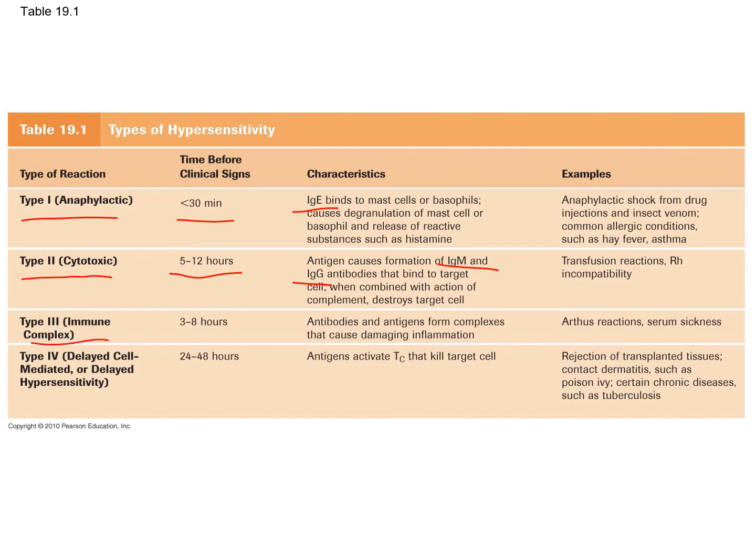Type 3 also occurs in a matter of hours, and this involves antibodies, usually IgG. And type 4 is a different one. It's much longer. It's on the order of days, and it involves CTLs that are killing target cells. And of course, you should know the examples that I went over in lecture.